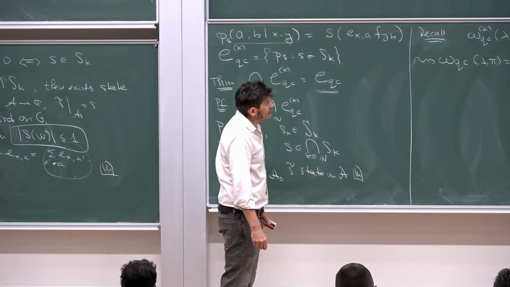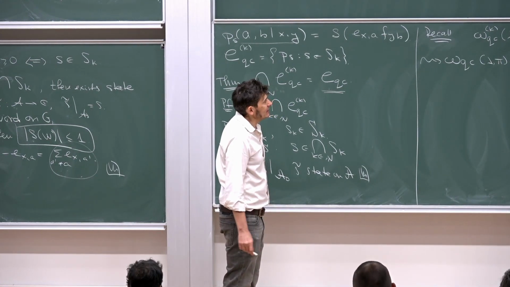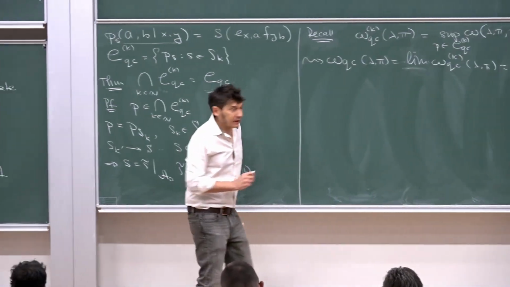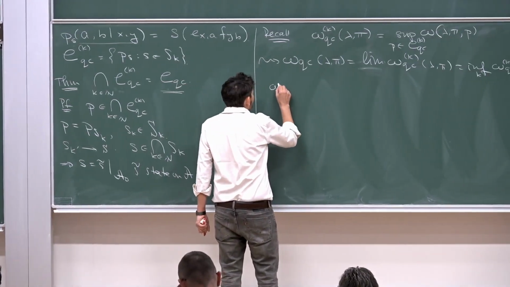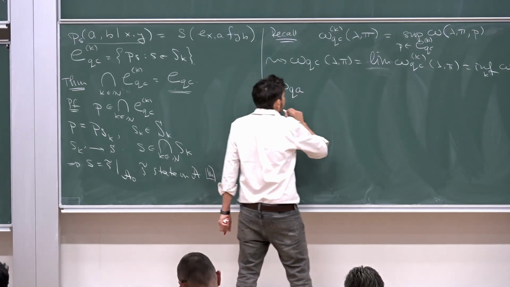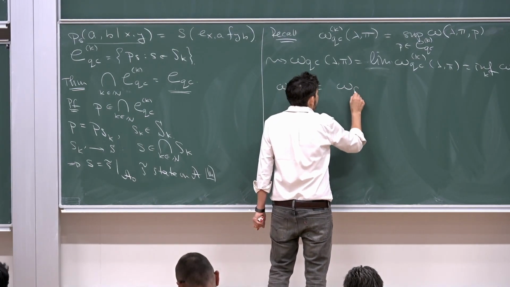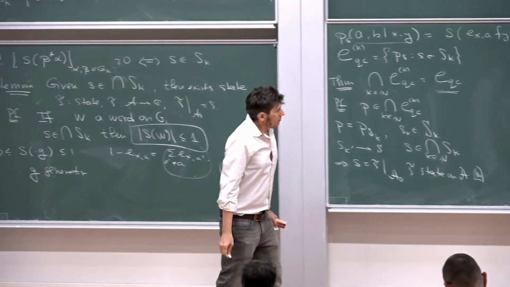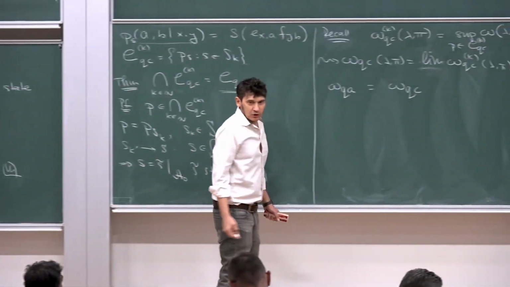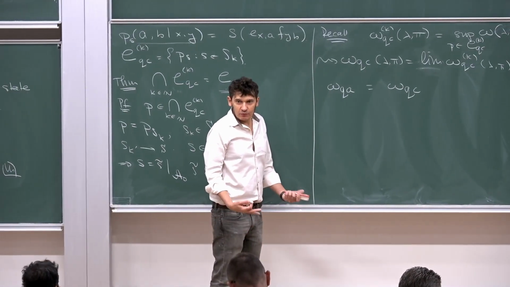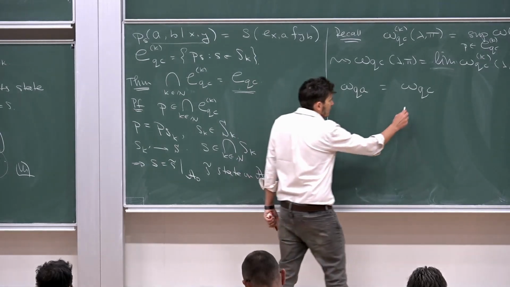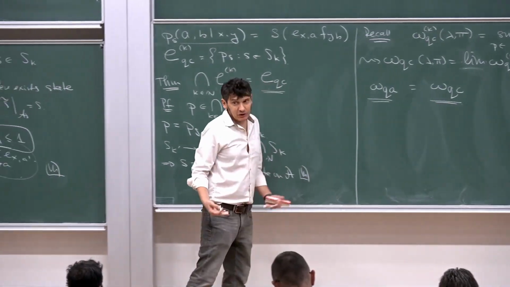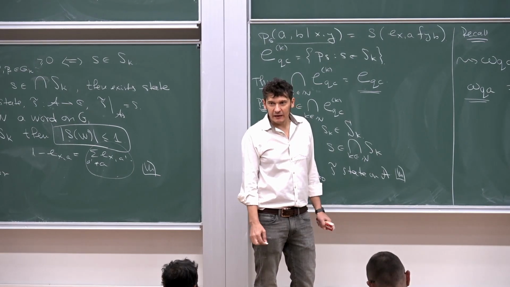But one of the ideas there, going back to Sergei's talk, is that you really want to see whether the QA value is the same as the QC value, or rather you want to distinguish them. Both of them are not easily computable, not easily verifiable. This one uses infinite dimensional Hilbert spaces. This one uses finite dimensional, but arbitrary dimension, higher and higher.